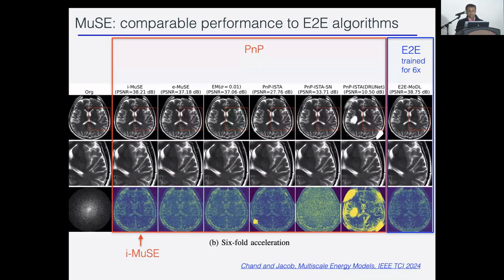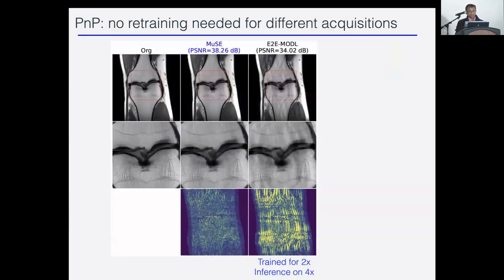Now we can push the acceleration up, and you can see that here the plug-and-play starts to give you some artifacts. This is because of convergence issues. The contraction constraint restricted that problem, and you get okay results comparable to what you got before. By contrast, this energy model, which is unconstrained, still gives pretty good results.